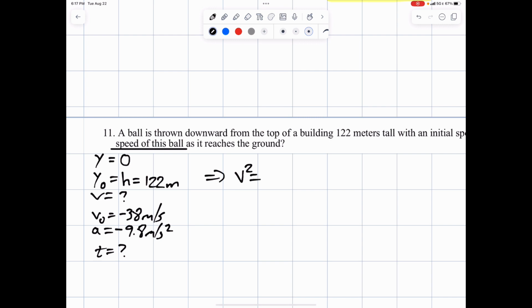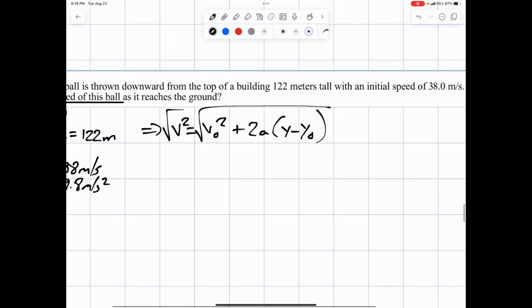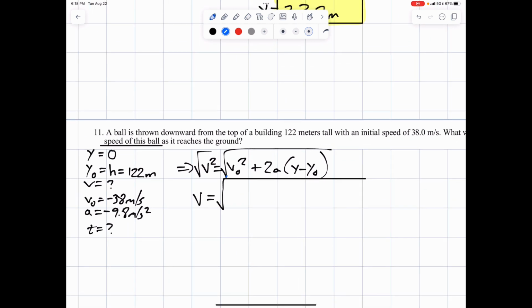V squared equals V naught squared plus 2a times the quantity y minus y naught. We would square root both sides. And v equals the square root of what? Well, in place of v naught, we're going to put negative 38. We're going to put negative 9.8 in place of a.